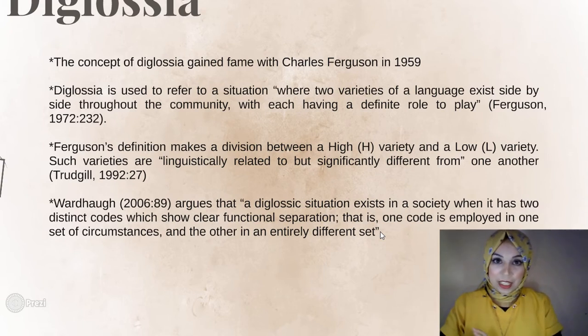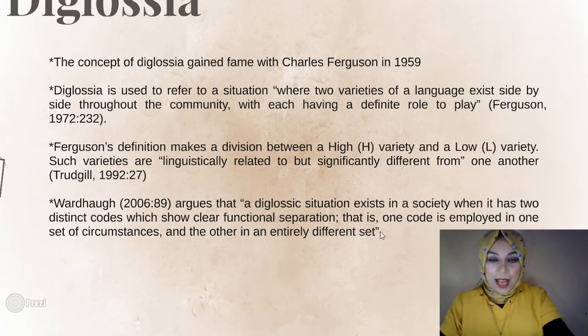It is exercised in the speech community, and within this speech community there are different roles associated to each code or each variety separately. That is, a given variety has a given role, the other variety has another role, and roles cannot overlap as each one is assigned a given function.